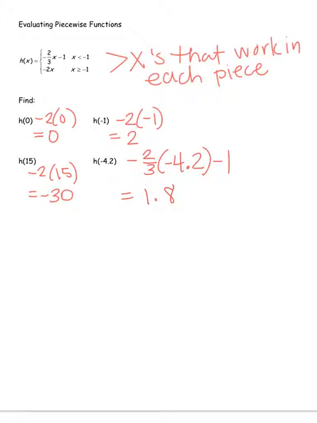Okay, let's try one that has 3 pieces. All right, there's 3 domains this time, so we have to check out for all 3. What about if I of -3, so -3 is your x. Is -3 less than -3? Nope. Is -3 between -3 and 2?